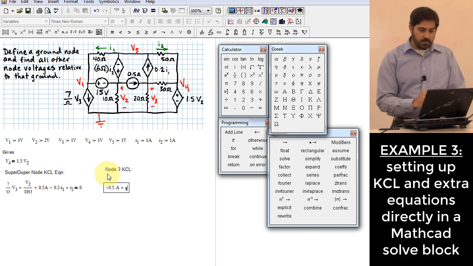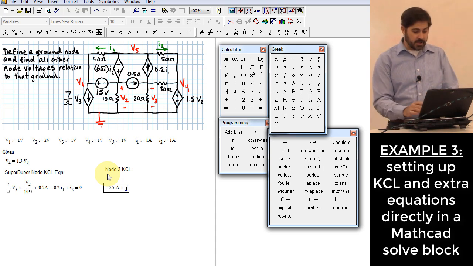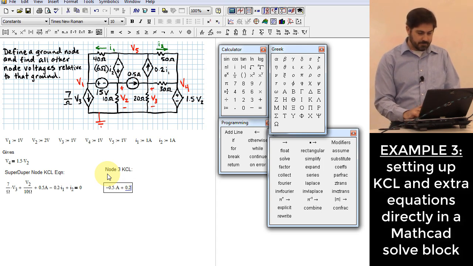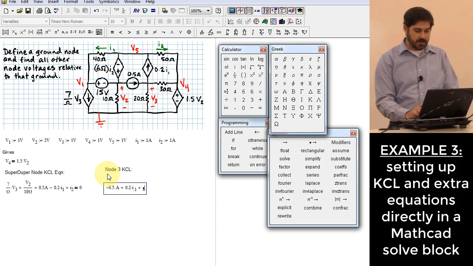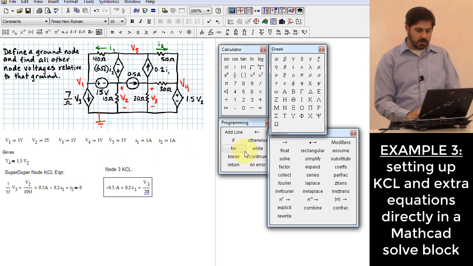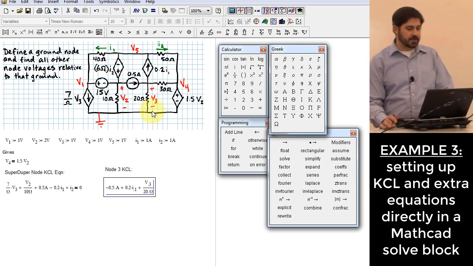Okay. So we have 0.2 times I1 that's leaving, so I take plus 0.2 times I1. Then what? Plus V3 over 20 ohms, right? That's how much leaves going from 3 back down to the ground node right there.